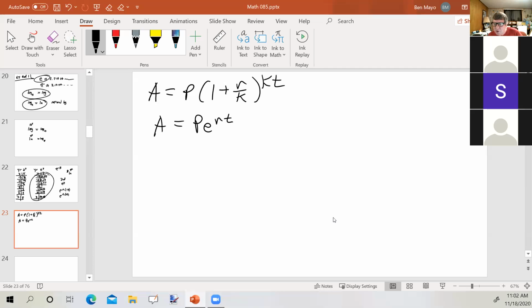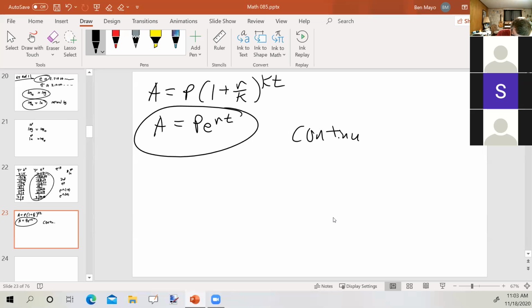Do any of you use Pert shampoo? Anybody? I think it's still out there. So I call this the Pert formula. It's not P-E-R-T, it's P times E raised to the RT power. But still, this formula we use when something is increasing or decreasing continuously.